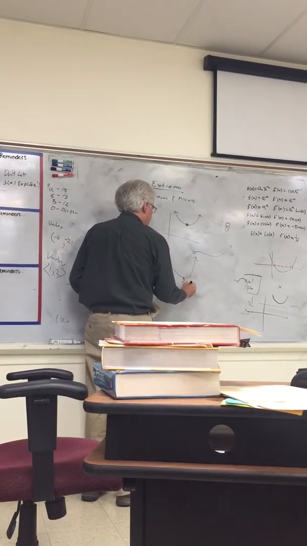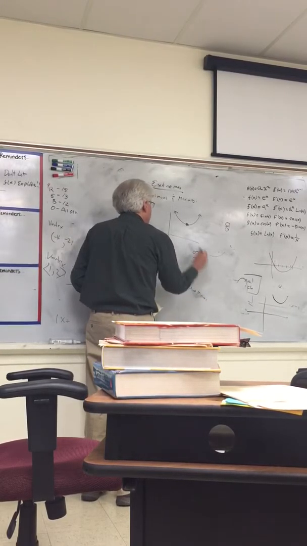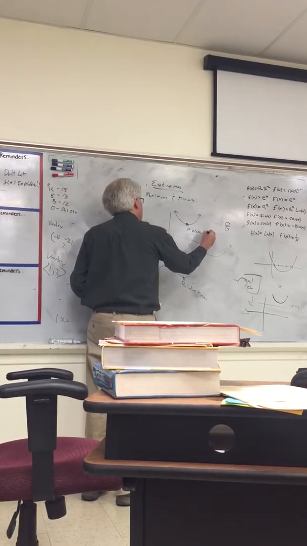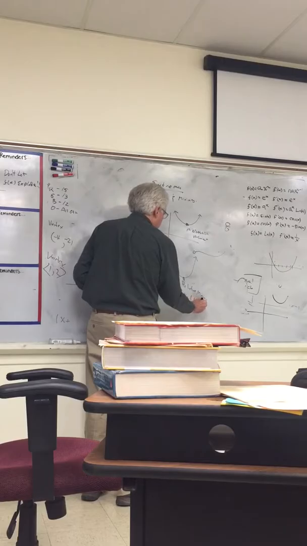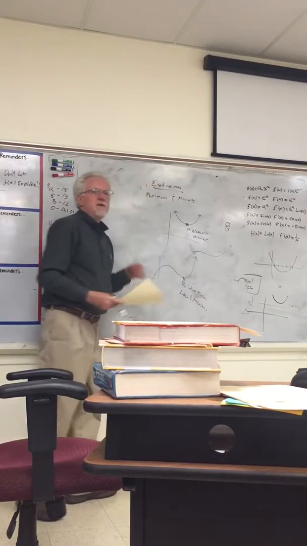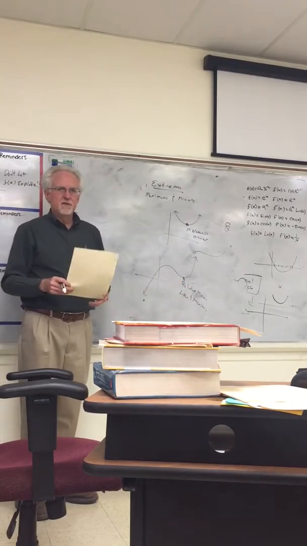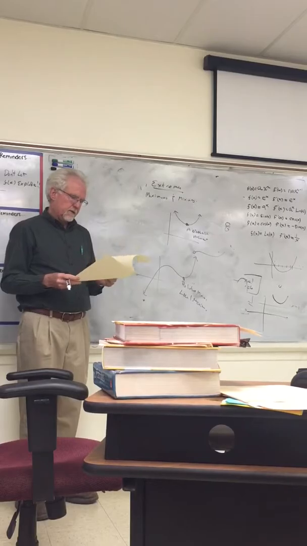This is a relative minimum, and that's an absolute minimum. This relative minimum is also called a local minimum. Like I have the smallest house in my neighborhood, it's not the smallest house in the world. A local minimum is what it is sometimes called.